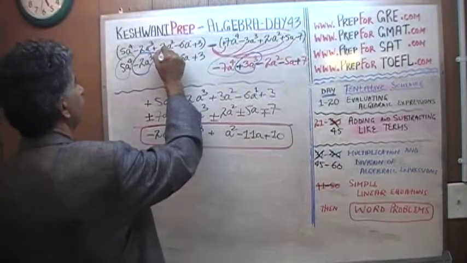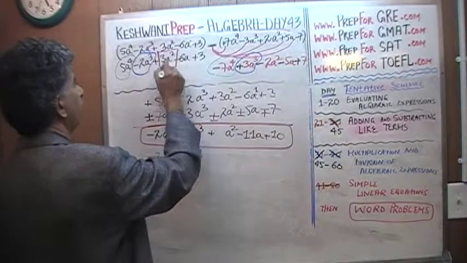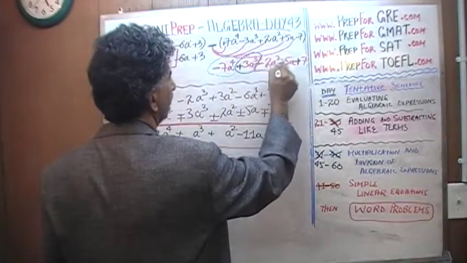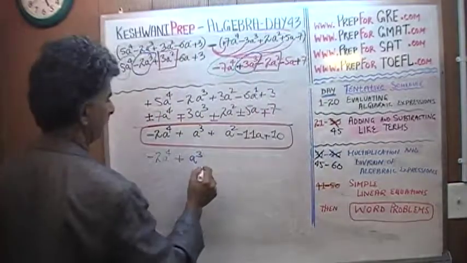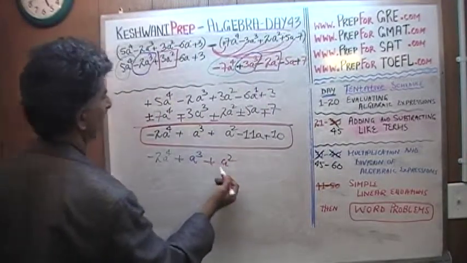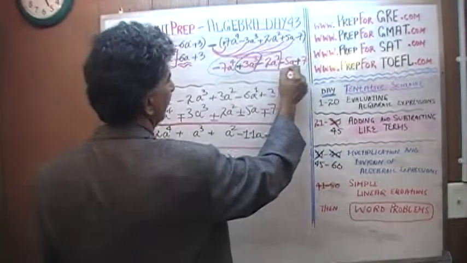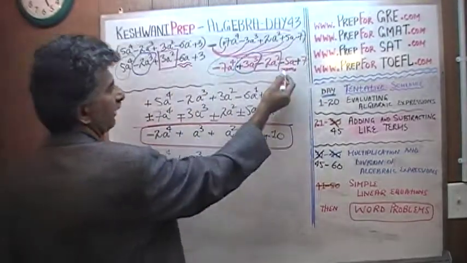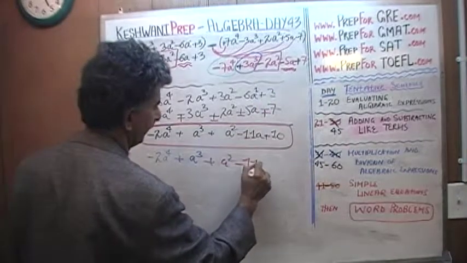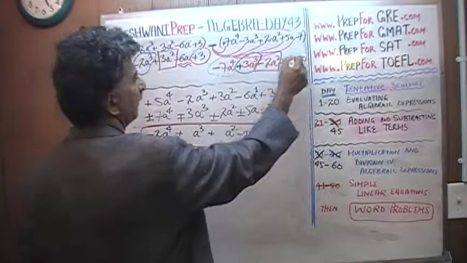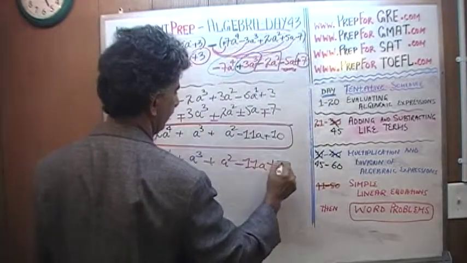Then we have positive 3a squared and negative 2a squared, which gives us positive a squared. Then we have negative 6a and a negative 5a, which is going to give us negative 11a. And finally, a positive 3 and a positive 7 is going to give us a positive 10.